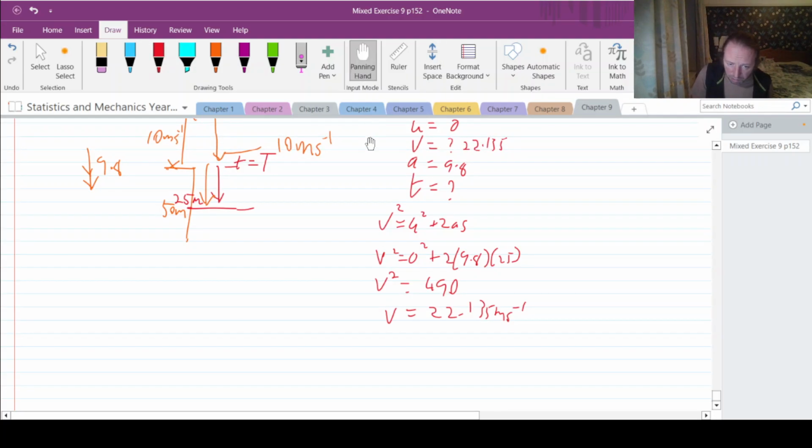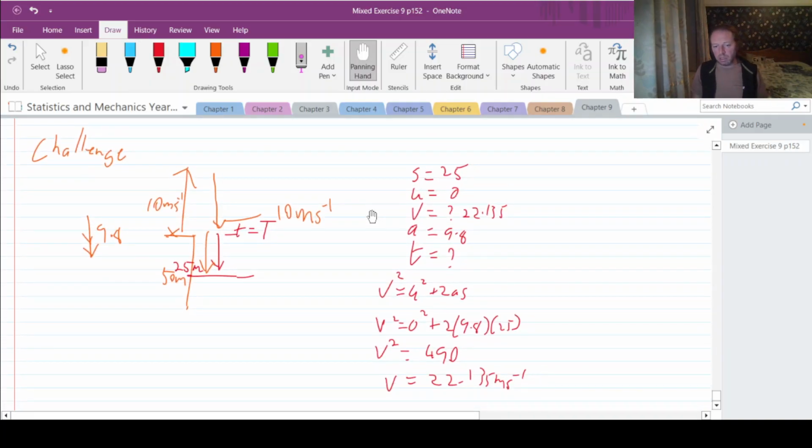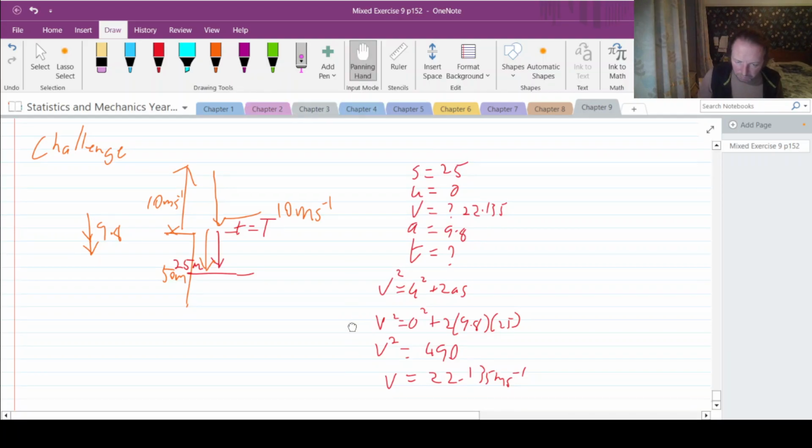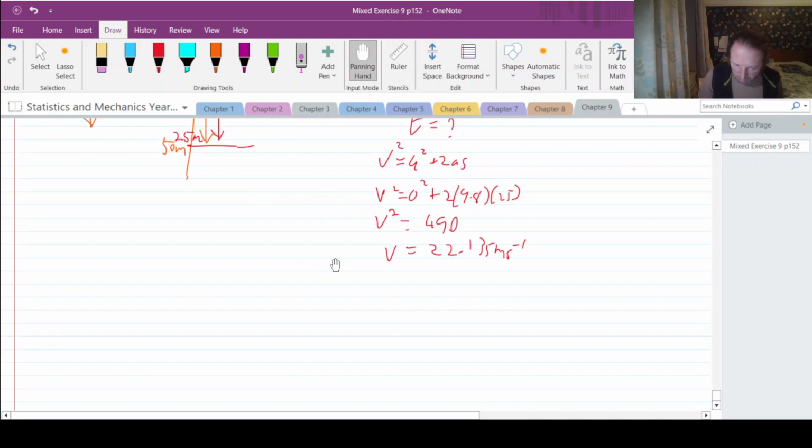Let's work out how long that is, because that's going to be a factor here. We need the equation which has no v in it, so we will use s equals ut plus a half at squared.